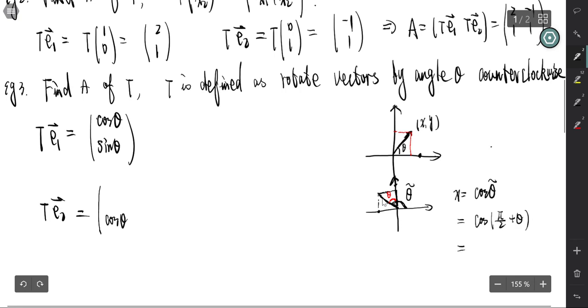But cosine of pi over 2 plus theta is negative sine theta. So the x coordinate is negative sine theta.